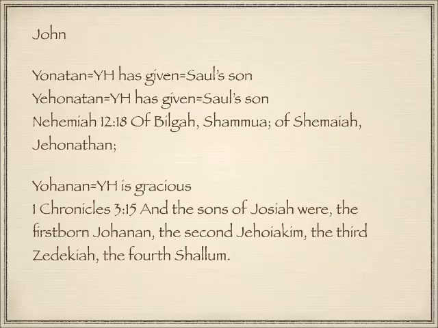So either it's Yah, natan, Yahweh is giving, or the longer form of Yah with Yeho, natan, is giving. There's also a Yochanan, which means God is gracious, and we find that in 1 Chronicles 3:15. And the sons of Josiah were the firstborn Yochanan, the second Jehoiakim, the third Zedekiah, and the fourth Shallum.